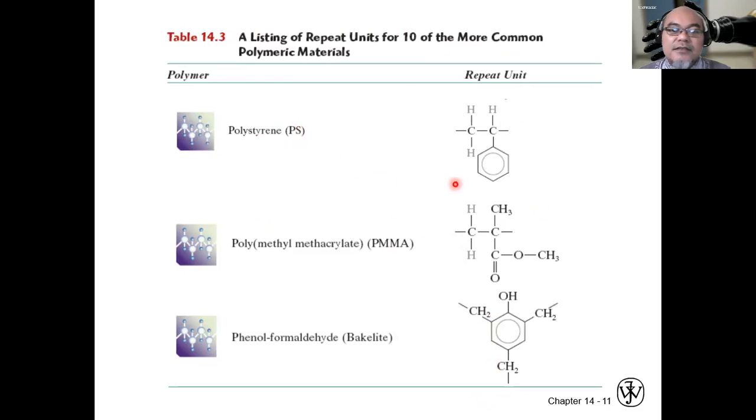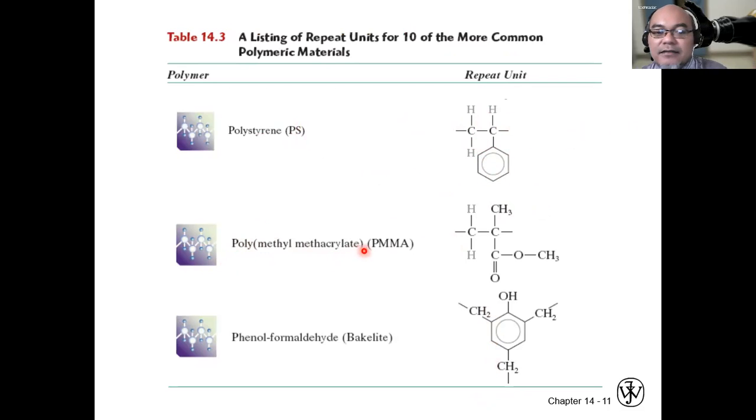Polystyrene is also similar in its backbone to polyethylene. Only one of the hydrogen atoms is replaced by a phenyl functional group, the benzene cyclic group.